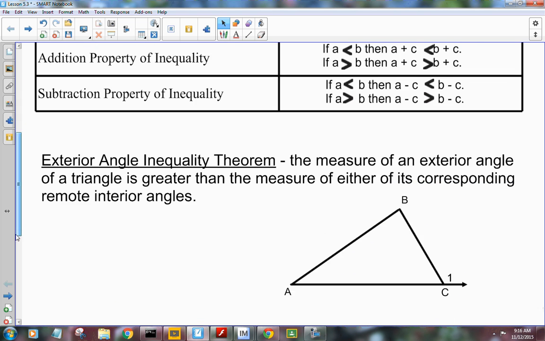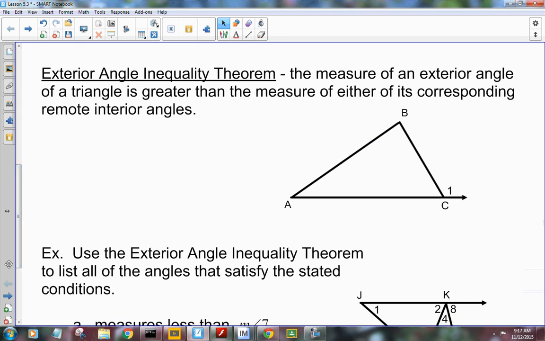Okay, so our first theorem that we want to talk about is the exterior angle inequality theorem. Now, if you remember from last chapter, we learned that an exterior angle is equal to the sum of the remote interior angles. So the measure of angle 1 is equal to the measure of angle A plus the measure of angle B. That's what we learned in the last chapter.